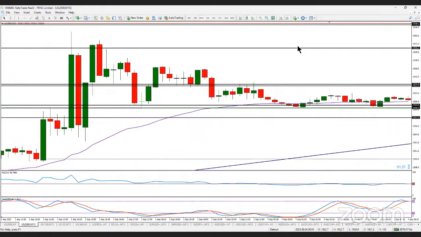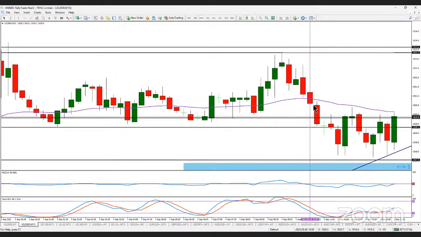After this candle closed below this moving average, remember, this thing you are seeing here is a retracement.